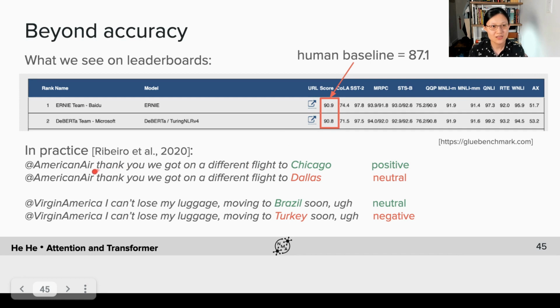For this sentence, "American Air, thank you, we got a different flight to Chicago," which is positive, if you just change the word Chicago to Dallas, it suddenly becomes neutral. And similarly, in this neutral sentence, if you change Brazil to Turkey, which shouldn't really affect the sentiment of the sentence, the model prediction becomes negative. So these errors don't seem to make sense to humans.